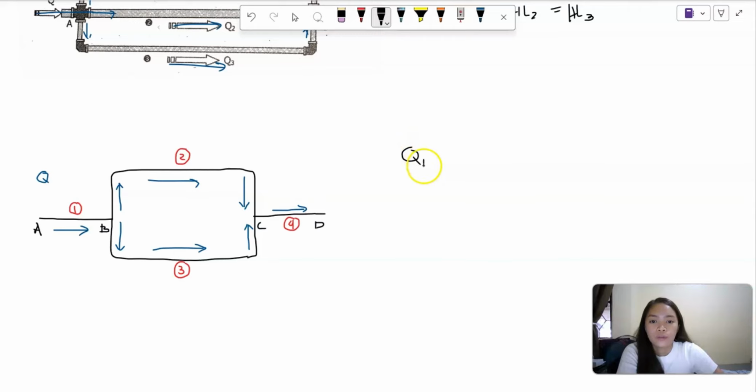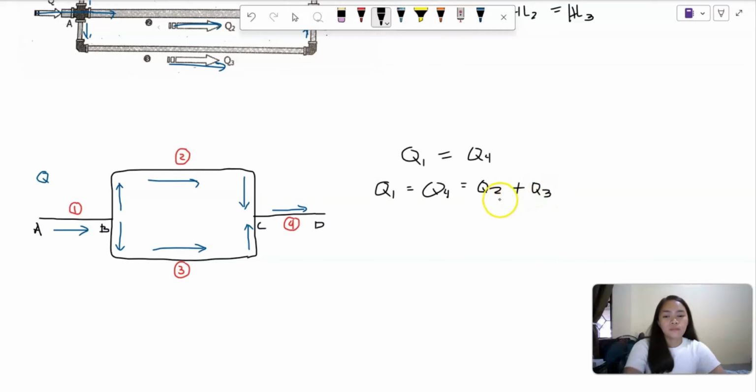So Q1 is equal to Q in pipeline 4. Then Q1 or Q4 is the sum of the flow in pipeline 2 plus the flow in pipeline 3. So that is for the discharge.